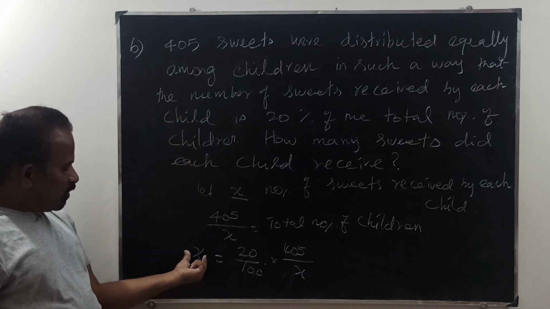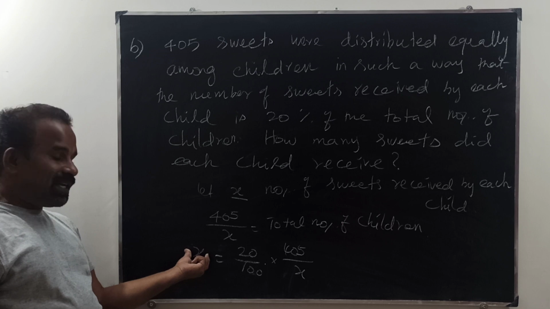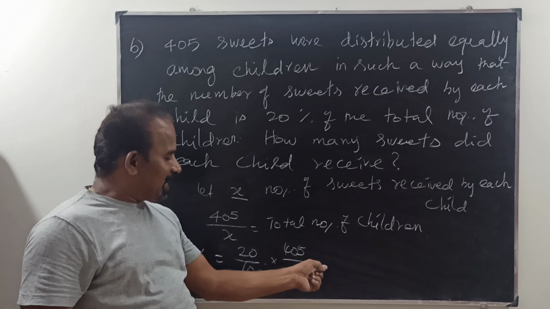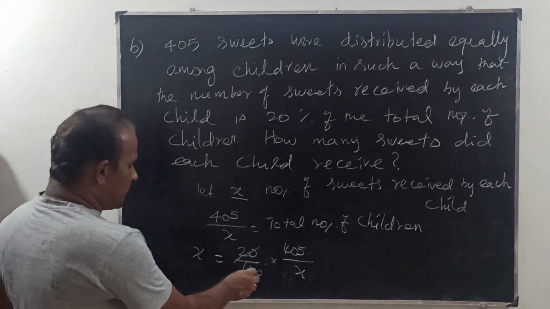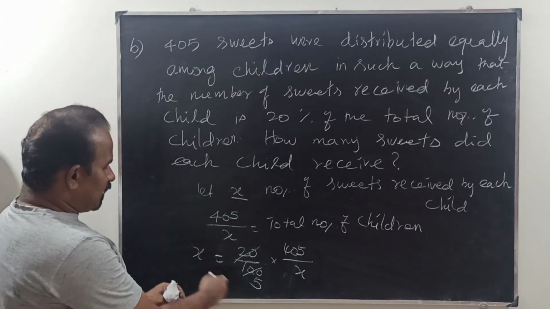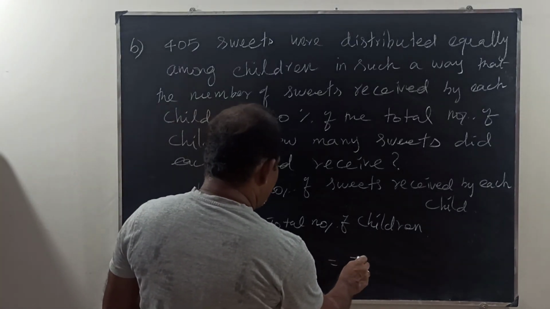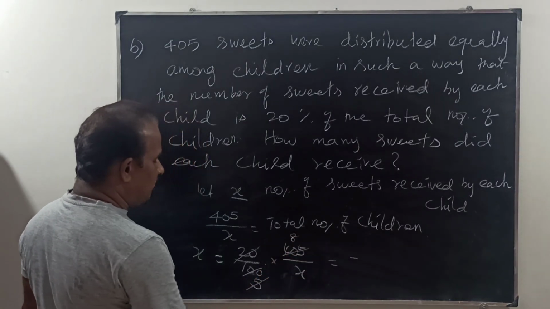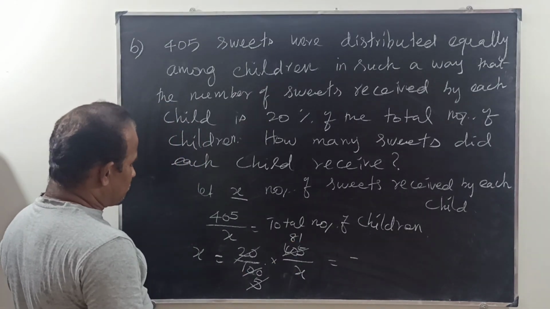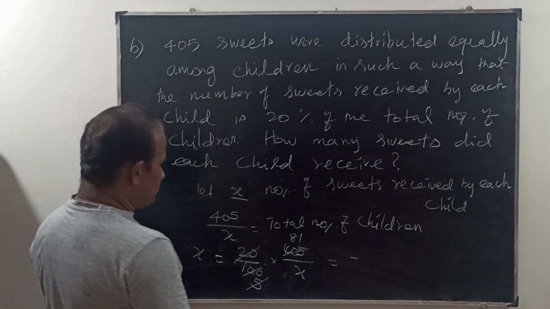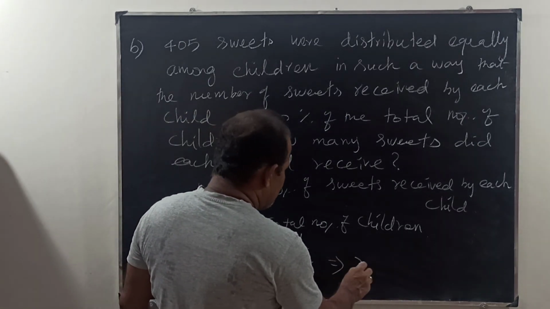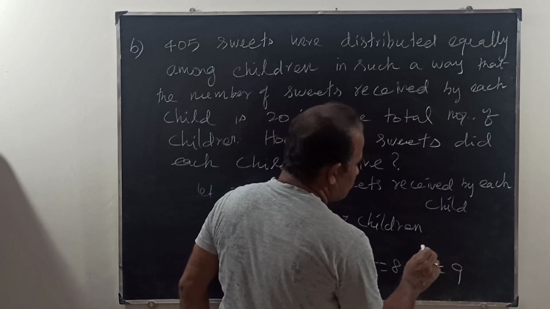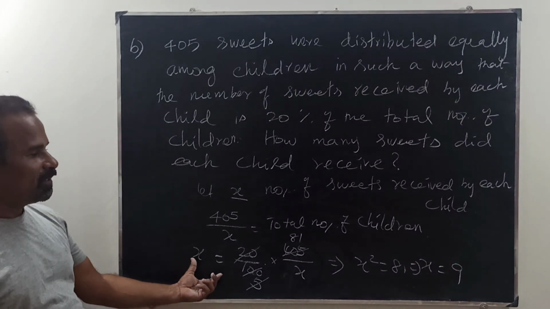So therefore here 5x squared. 8 5s are 40, 1 5 is 5. Therefore x squared is equal to 81. This implies x is equal to 9. Very simple concept.